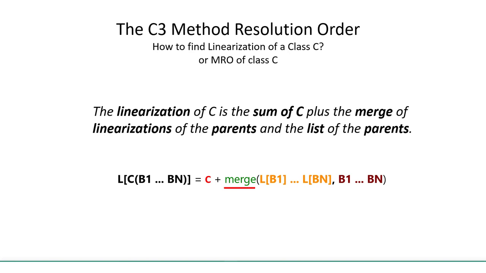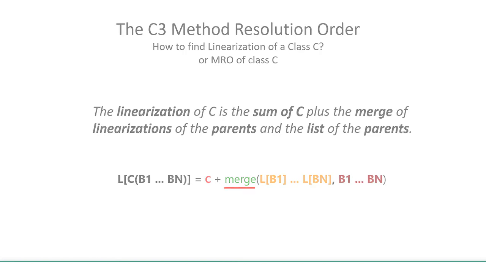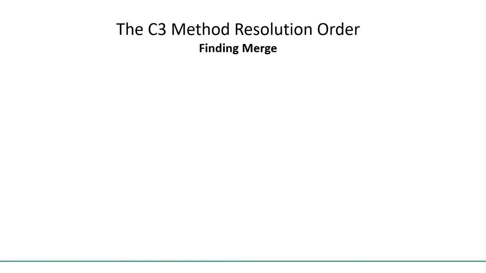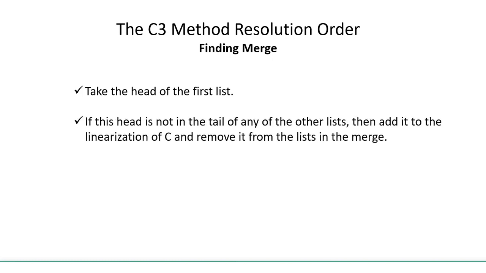Now, what is this merge function all about? The following steps will detail finding the merge. To start with, we know that the merge function will have lists of classes as its input arguments. Out of several lists available inside the merge function, pick up the first list and take the head of that first list.